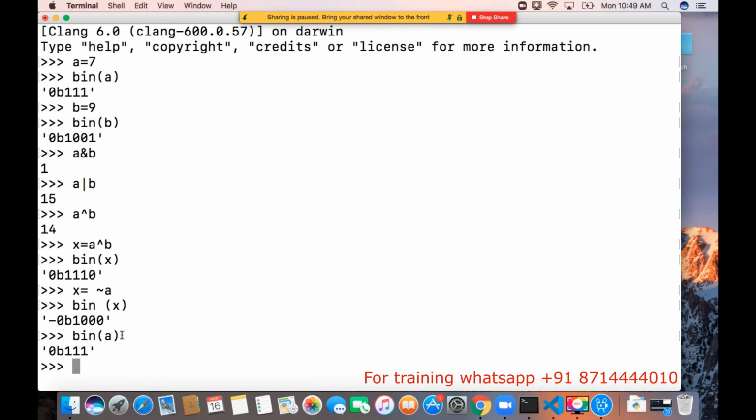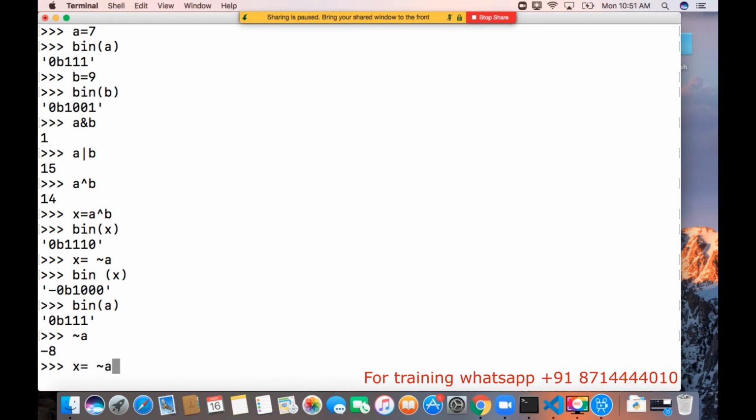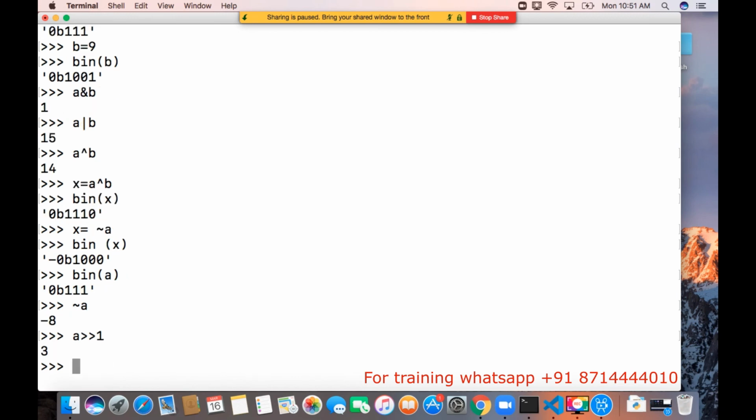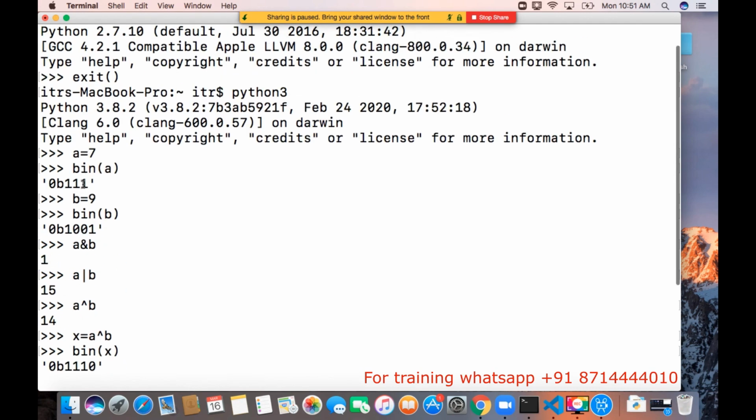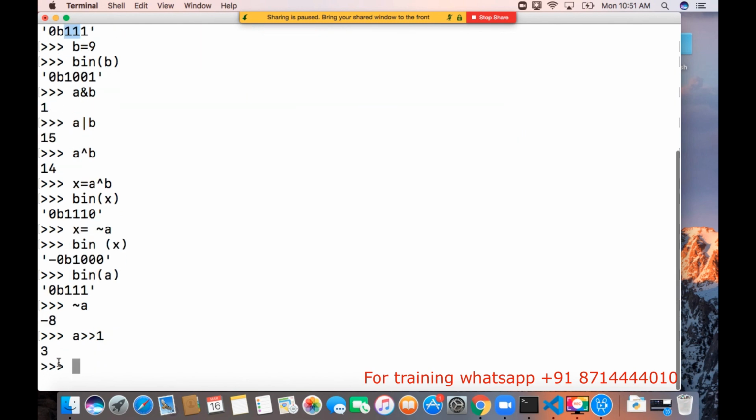Now shift. Here we have used right shift, so the bits move towards the right by one position. This bit will go out and only this particular 1 1 will be there, so that's why we got the value 3.